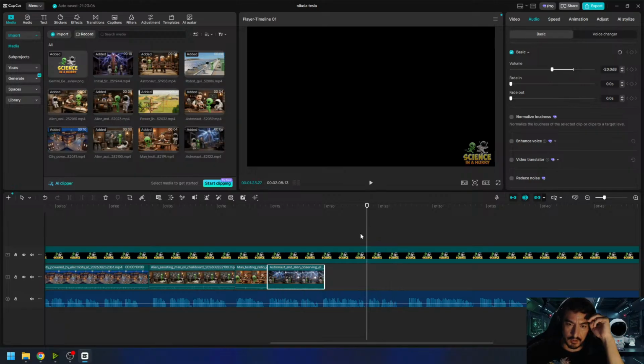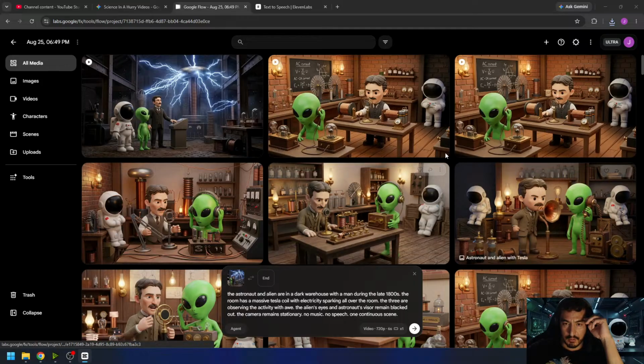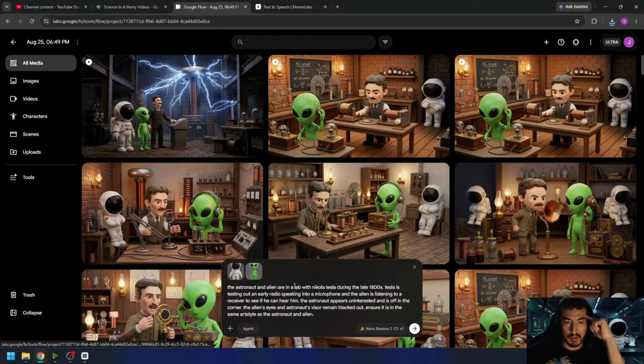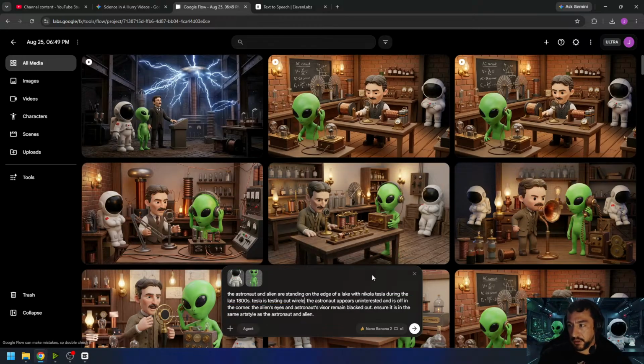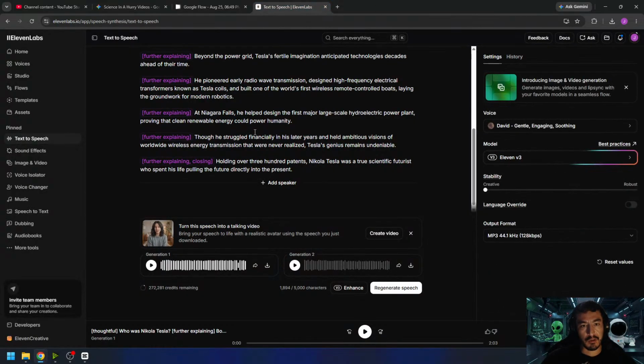So a 4 second clip of the astronaut and alien standing on the edge of a lake with Nikola Tesla during the late 1800s. Tesla is testing out a wireless, is what it said, right? Wireless remote controlled boat.